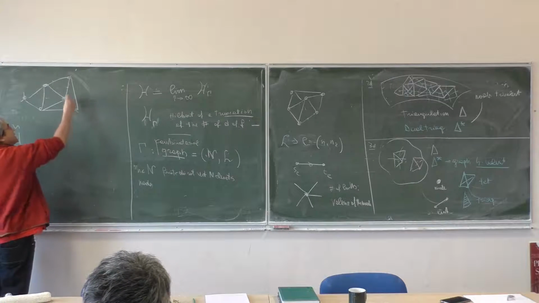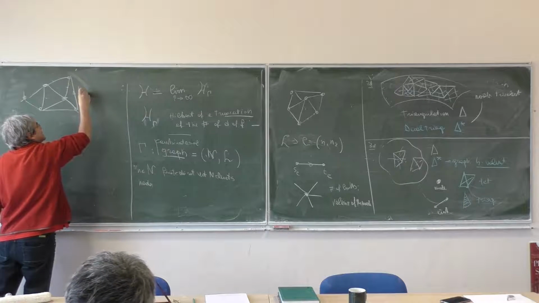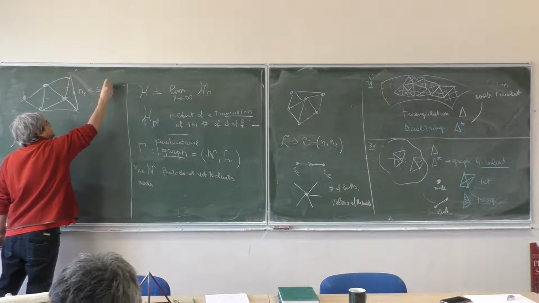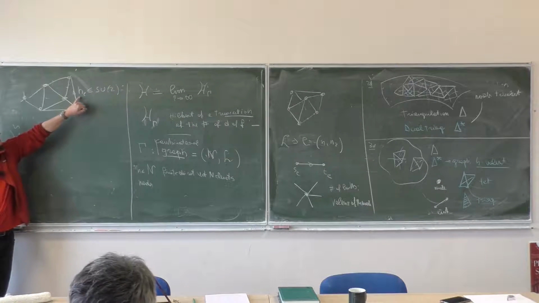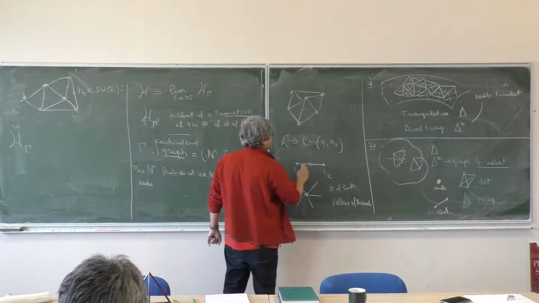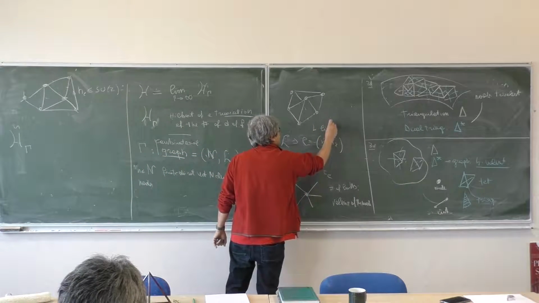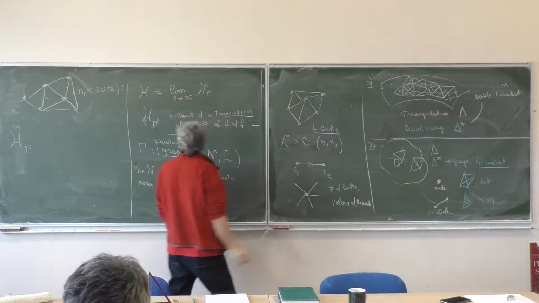defined as follows. Imagine that to each oriented link you associate an element of SU(2). So there is a family; say there are L links, capital L is the number of links.